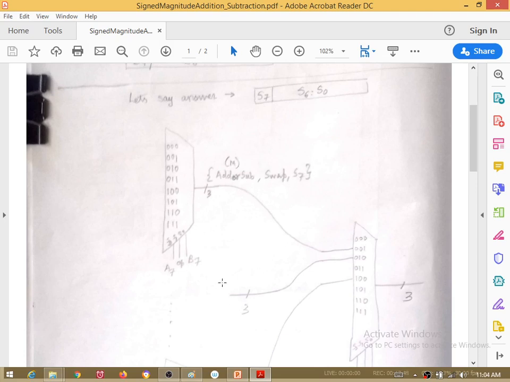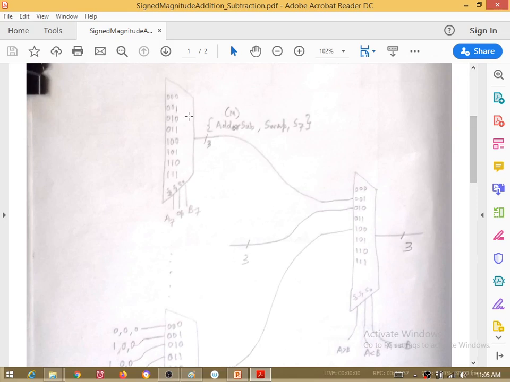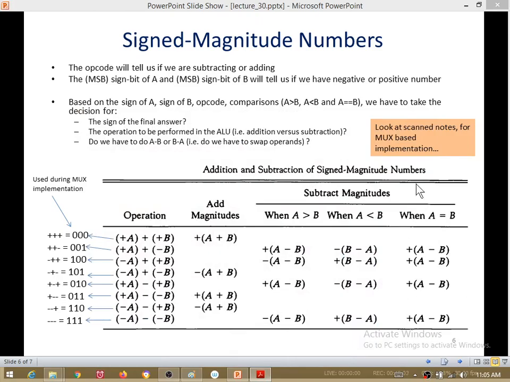Similarly, there will be a mux here connected here. This is for which condition? This is for the condition when A is less than B. There will be a mux here, and you have to figure out what are the inputs to those mux. So remember that if you are taking a look at this mux, which is for A is equal to B, I will be looking at this part.